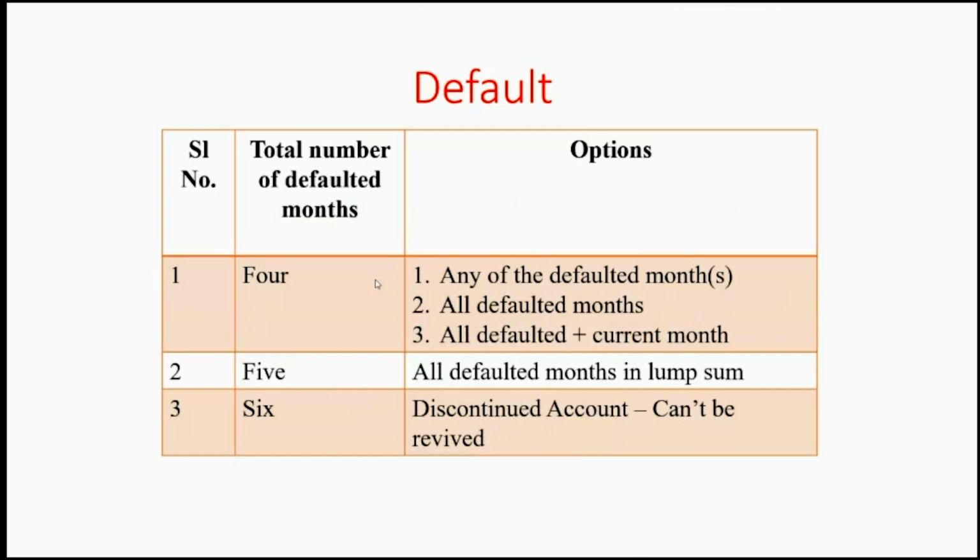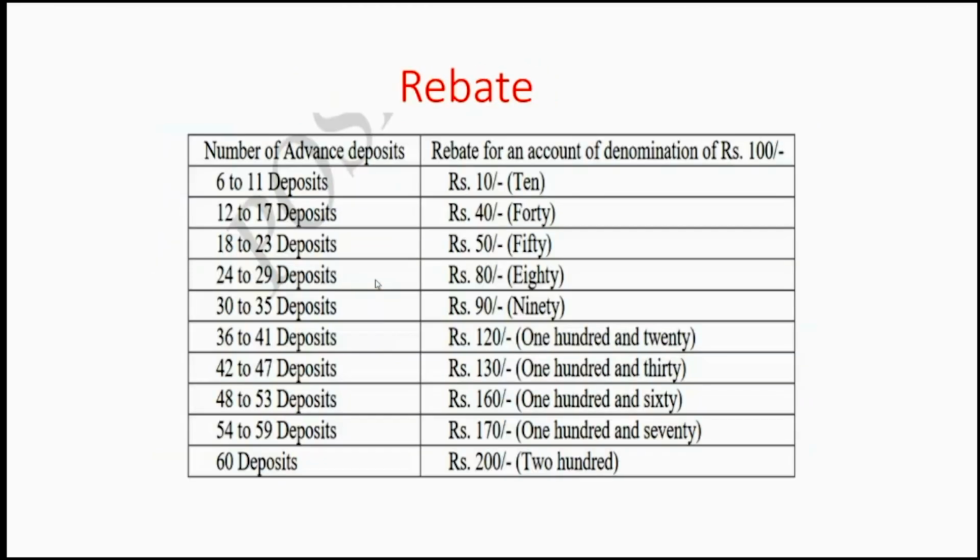So up to 4, we can split and pay for any of the defaulted months, whereas once the defaults become 5, all the defaults should be paid in one lump sum. Whenever the defaults become 6, the account will become discontinued and it cannot be revived at all. So this is about the default structure.